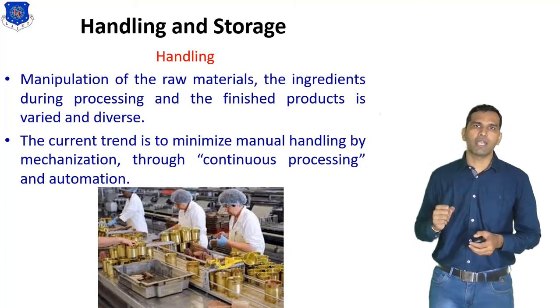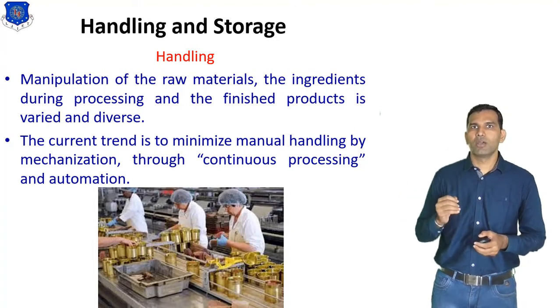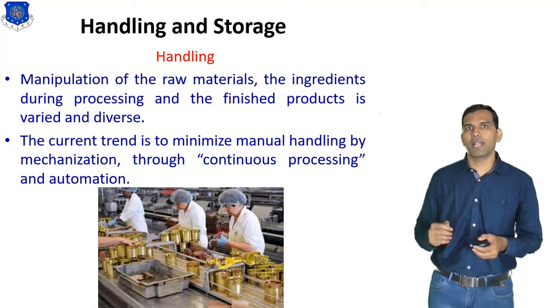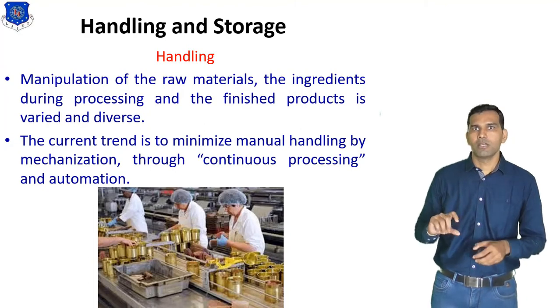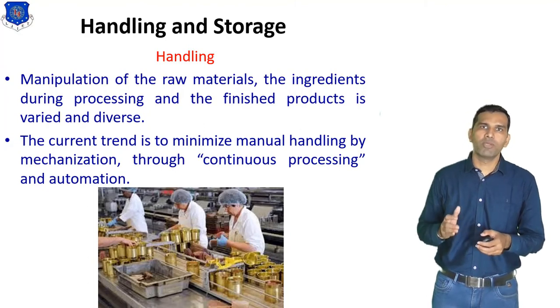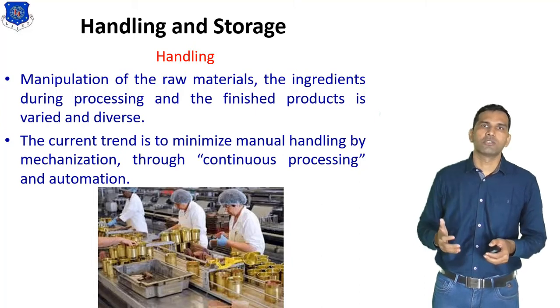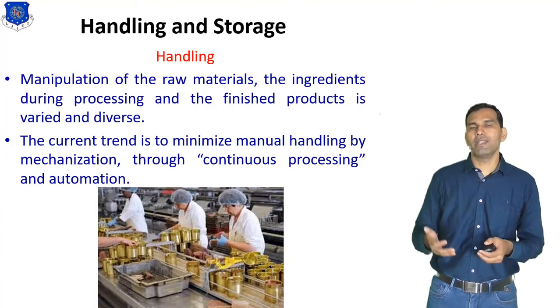We know that in the past we used manual processes, but in the current trend we use automation. That means in the industry we use robots and automatic processes, so we do not require much manpower to handle the process.